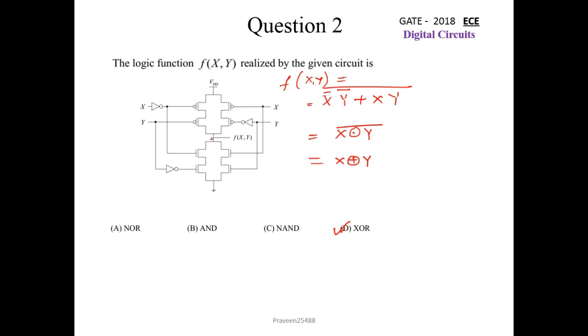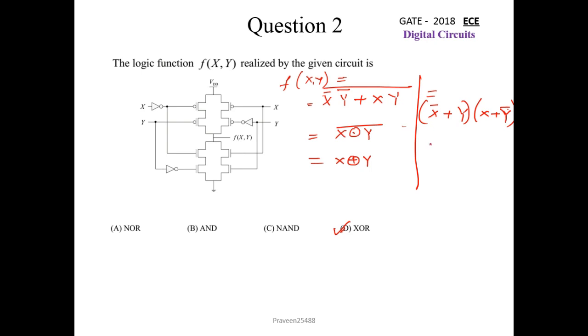Also we can verify for this pull-up circuit. This f of x, y would be equal to x bar plus y, and from this side it would be x plus y bar. This is for PMOS. So we will write it into product of sum form.